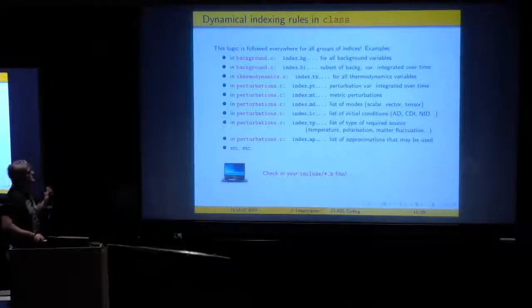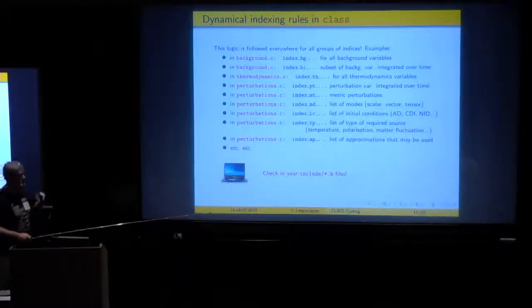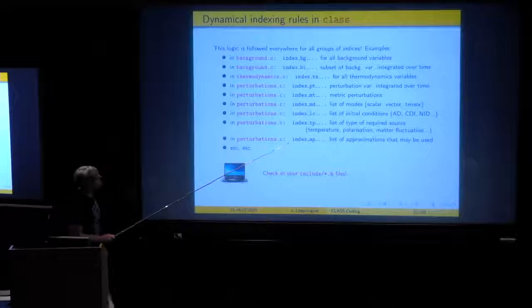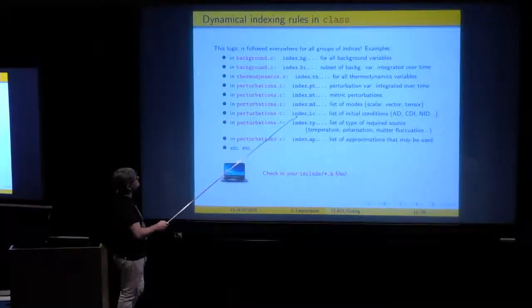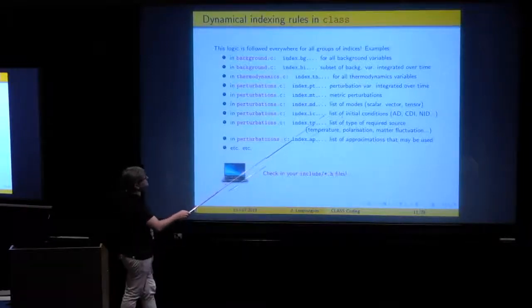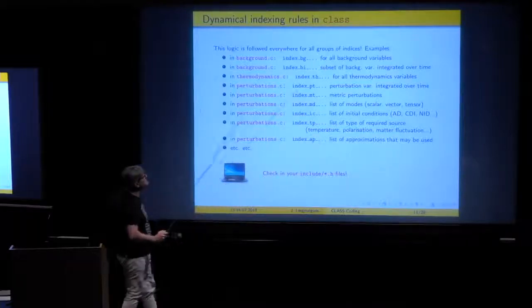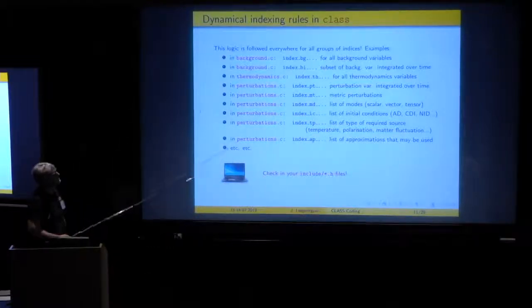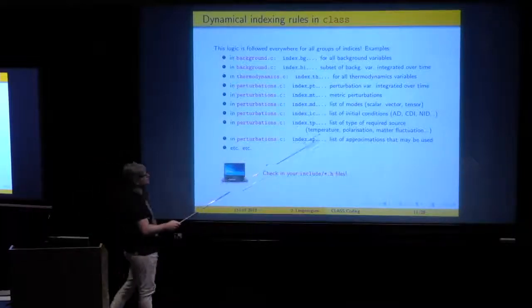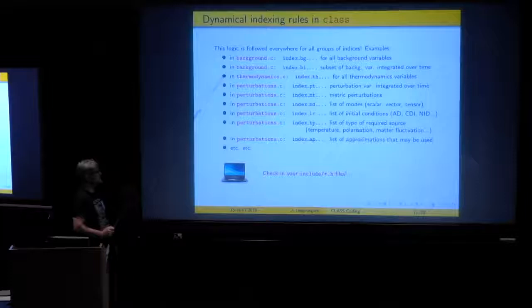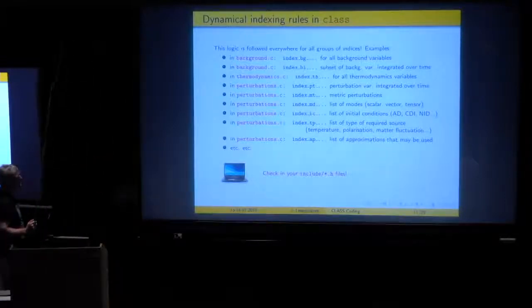Otherwise, you will have index mode scalars and index mode tensors that will both be assigned. For the loop over initial conditions, you have an index IC, and then it's IC adiabatic, IC isocurvature CDI, IC neutrino isocurvature density, etc. TP is type of source. As I said, it's the source of temperature, polarization, matter fluctuations, etc.